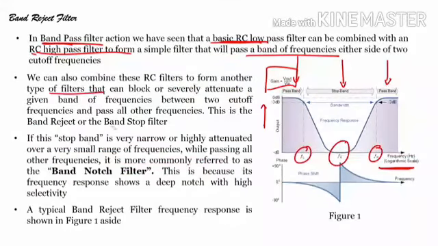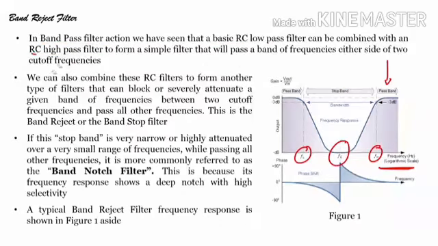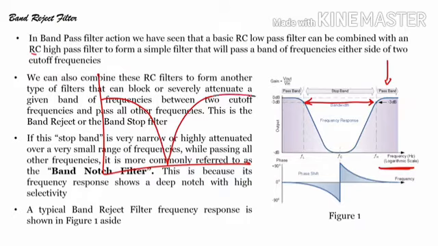What does that mean? It means that if instead of having this bandwidth, I have a very narrow band like this, then it is called a band notch filter.